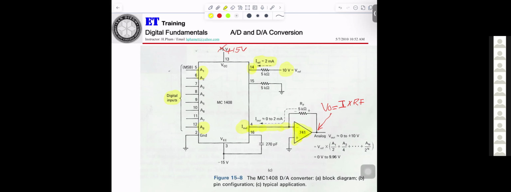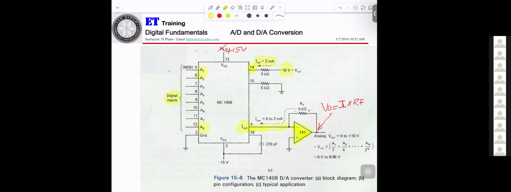I say, we measure pin 14. We want that to be 0. Why? The reason is you want how many milliamp? 2 milliamp, right?